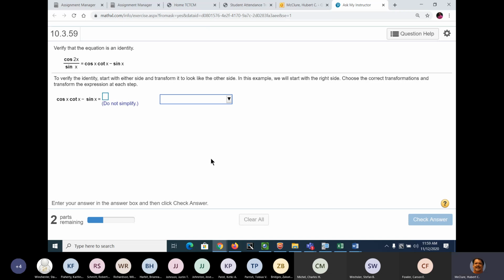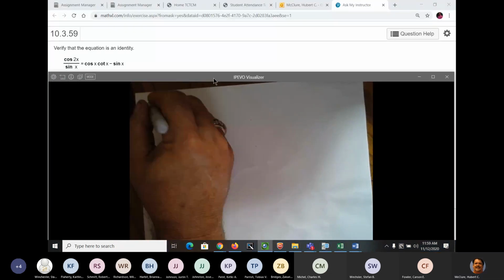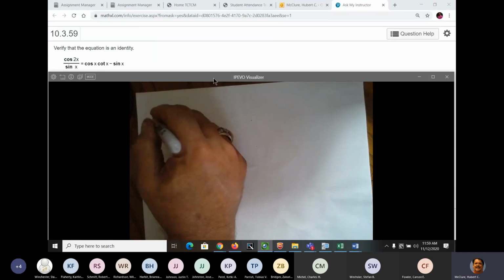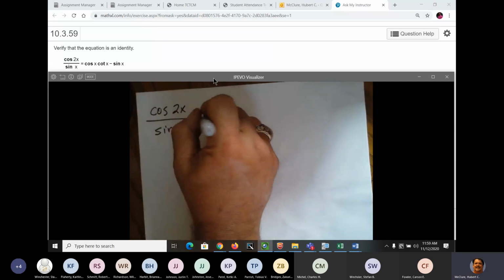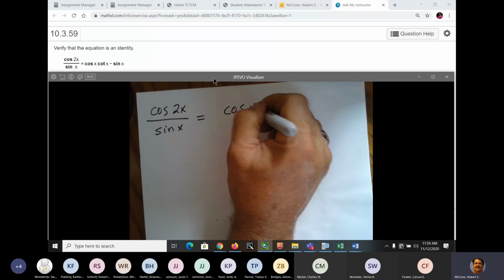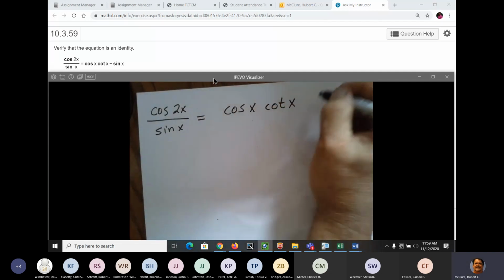Now, this one says cosine of 2x over sine of x is equal to cosine of x cotangent of x minus sine of x.